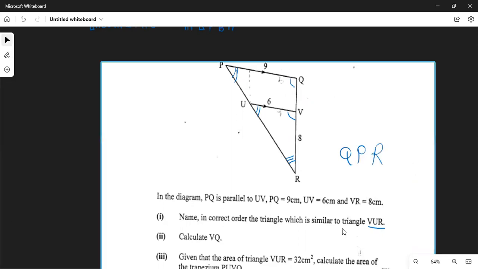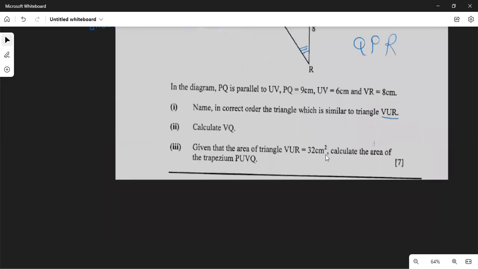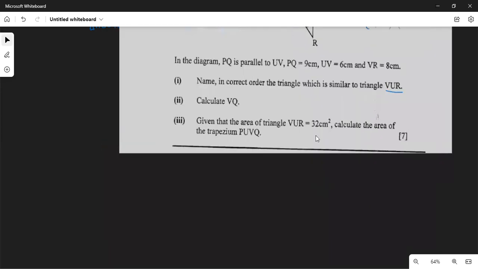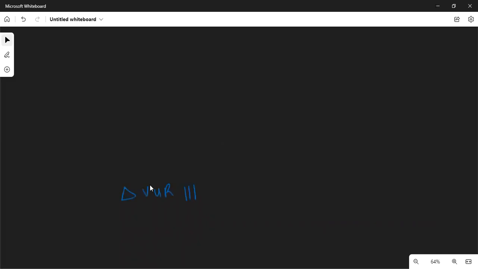Exactly. So it's going to be triangle QPR. So that is the triangle we are taking. Triangle QPR. All right, so this one is similar to triangle QPR.